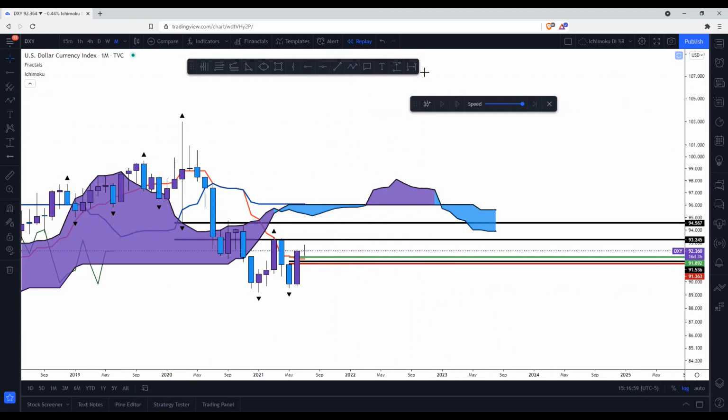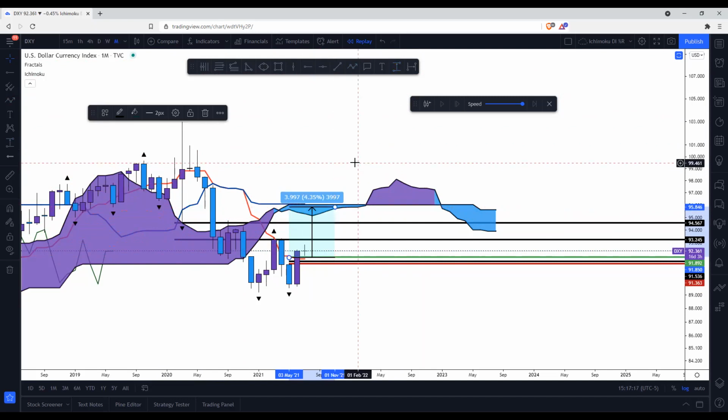So we might see price come up in here, or up here. That will confirm the price of the dollar going up, and then also confirm the crypto market crashing.